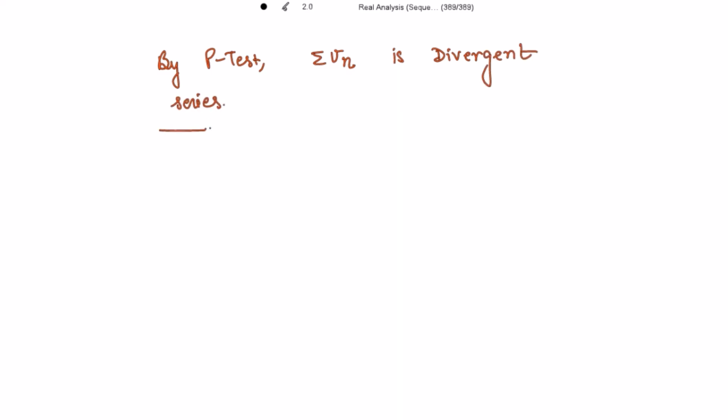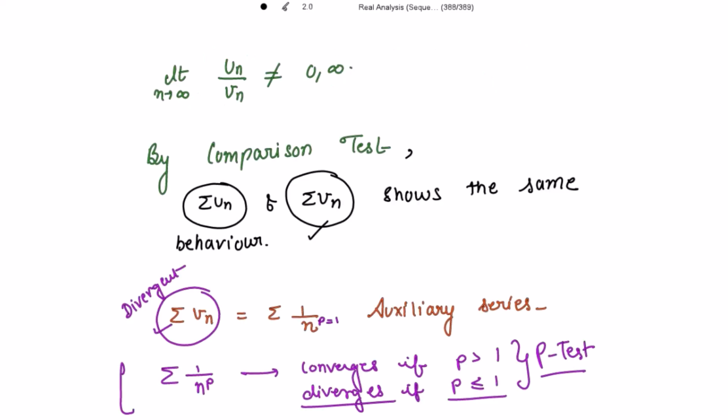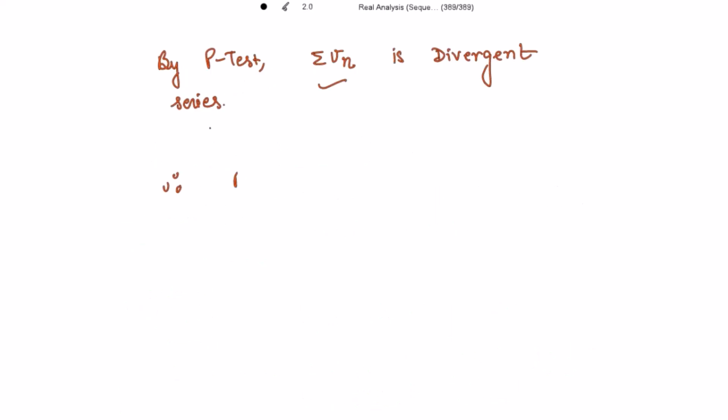Because now we know that this series is divergent, and the comparison test says that these two series show the same behavior, this series is also divergent by comparison test. So therefore, by comparison test, summation un is a divergent series.